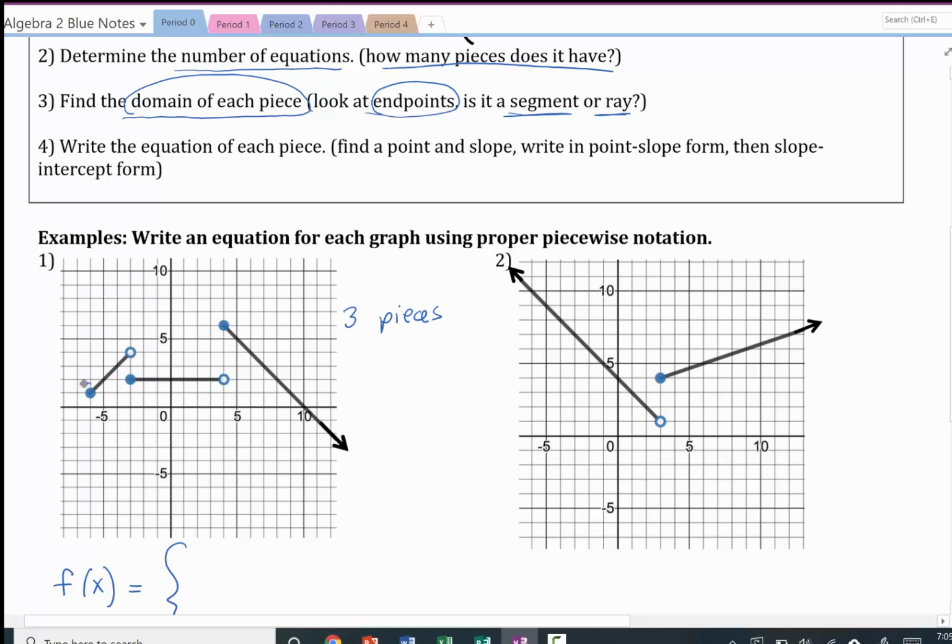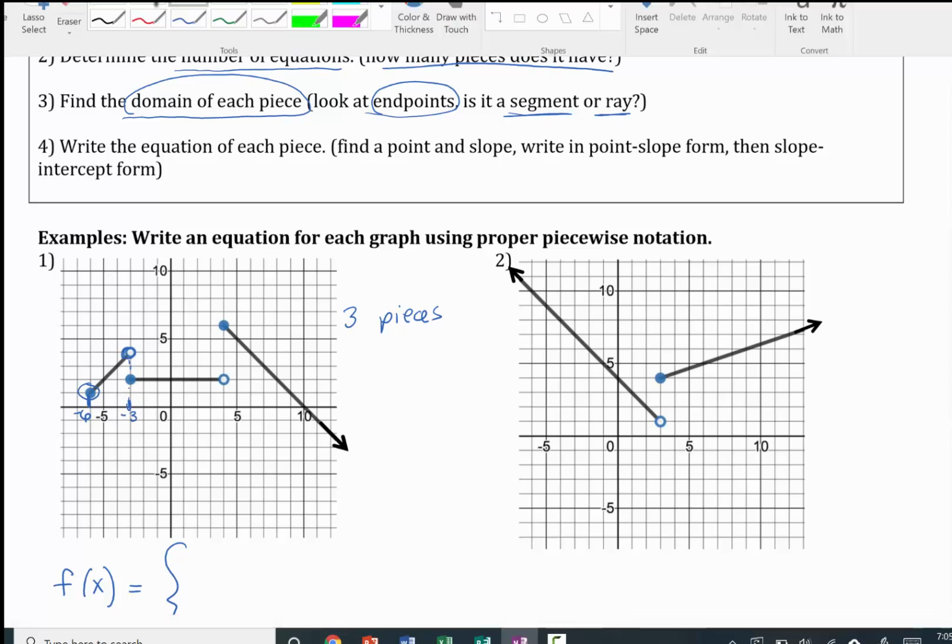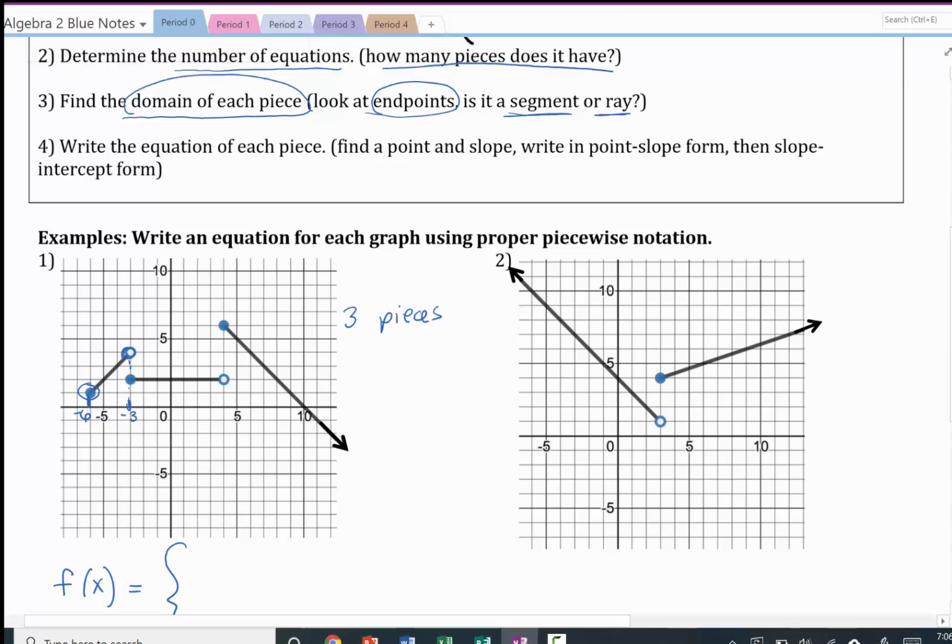If I look at the endpoint right here, I can see that it starts at the x value of -6. And then if I look at the other endpoint right here, I can see that that was at the x value of -3. So it looks like my first domain restriction is in between the x values of -6 and -3.